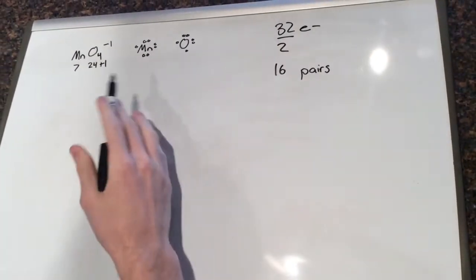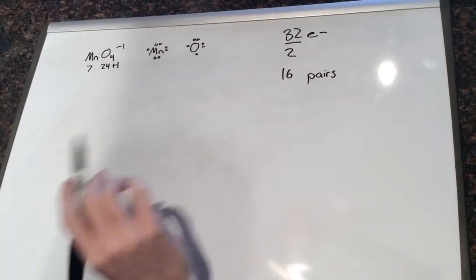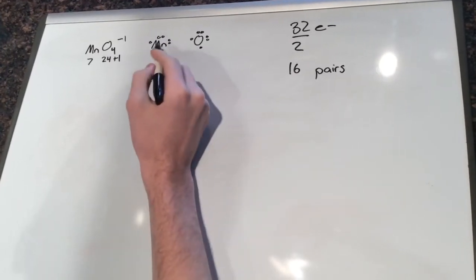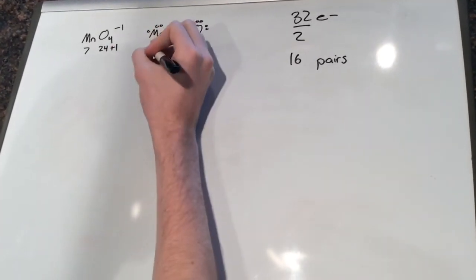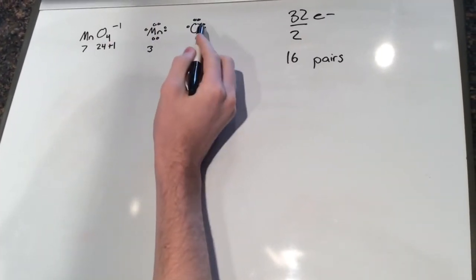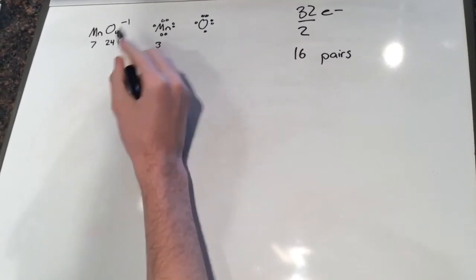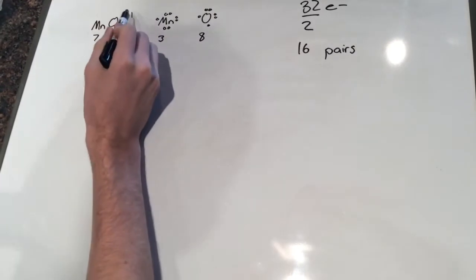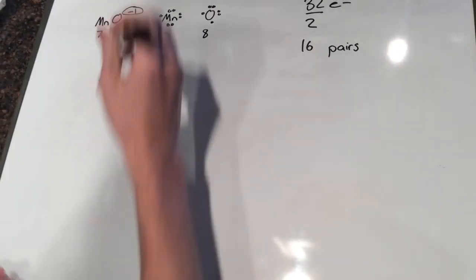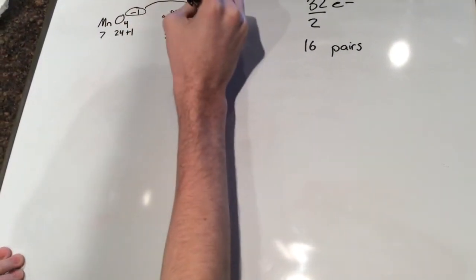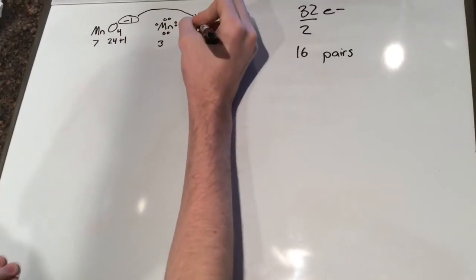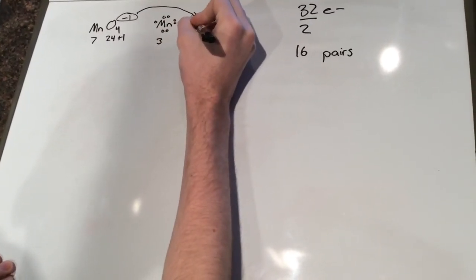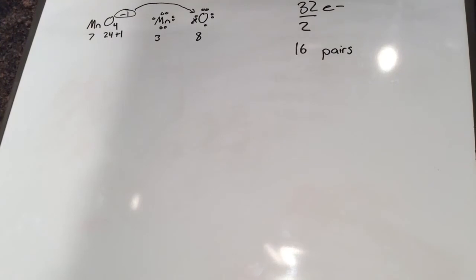And then we need to subtract the number of unshared pairs. So we have 1, 2, 3 for manganese. And then we have 2 for each oxygen. There's 4 oxygens, so that would get us 8. But we cannot forget to consider the extra electron, which will eventually come in and pair up with an oxygen atom.